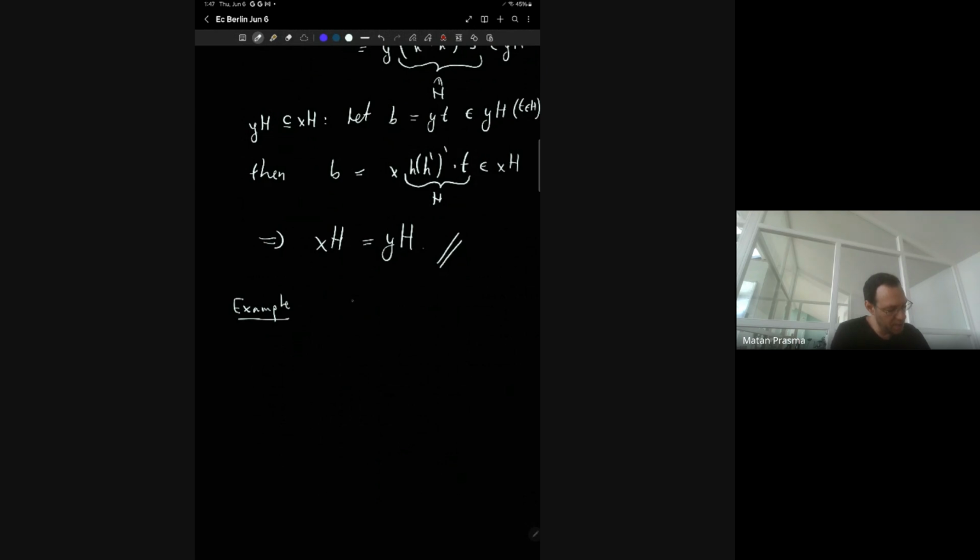You pick an integer n, and you consider, let's even pick a positive integer, and you consider the subgroup of all multiples of n, and we saw that this is a subgroup of the group of integers with addition.